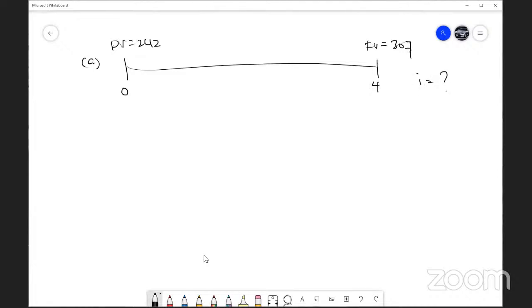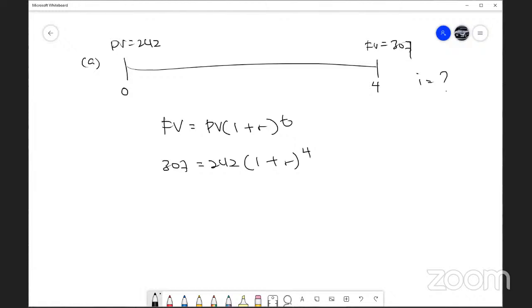So you use the FV formula, of course. FV equals PV times 1 plus R power of T. FV is given as 307, PV is 242, 1 plus R unknown, power of T is 4 years. If you want to calculate this, you need to shift it.